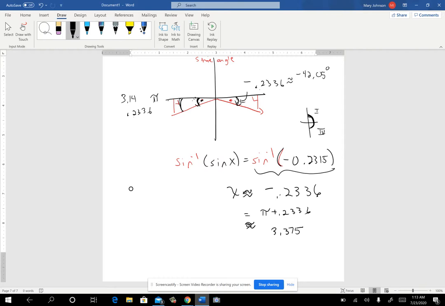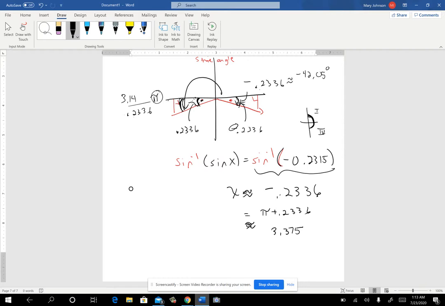Okay, I typed it correctly in my calculator, but the reason I'm getting something different than what you see here is because after the 3.14 is a 9, and so it all bumps up a little bit. So I just hit the pi button on my calculator. The reference angle is 0.2336, and this amount of rotation is 0.2336. But here I'm going in the negative direction to get there, and here I'm going around in the positive direction.